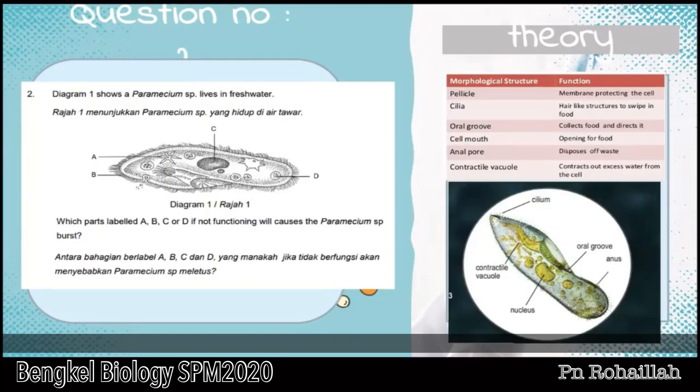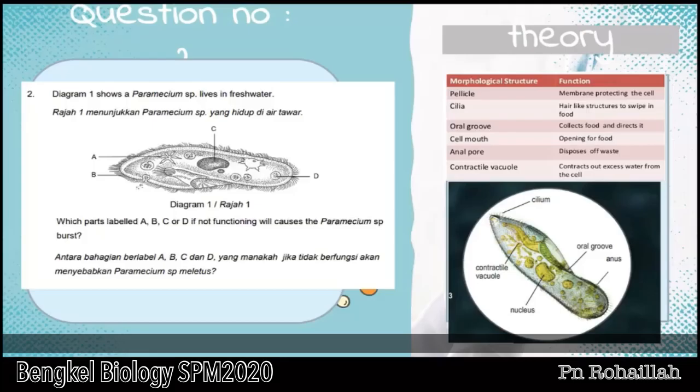Okay, question number 2. Alright, diagram 1 show a paramecium species live in fresh water. Okay, so which part label A, B, C or D is not functioning will causes the paramecium burst. So you underline the word burst. Dia pecah. Okay, so which one yang akan menyebabkan dia pecah? Okay, look at the slide yang saya share tu, under the theory.